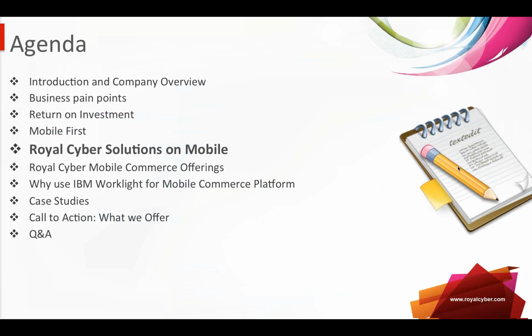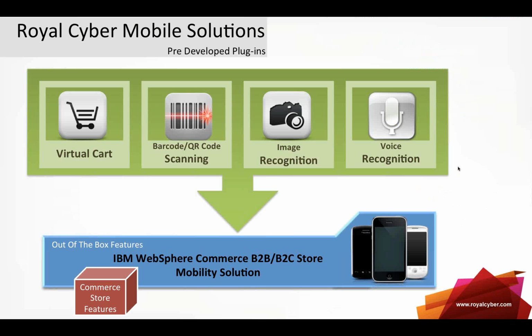So now I'm going to jump into what we, from Royal Cyber's perspective, have around solutions on mobile. Just to highlight some of the pre-developed plugins that we have right now, this slide depicts how it's all laid out: you buy an IBM Commerce B2B or B2C store, and what you get from the Commerce store is all these features.